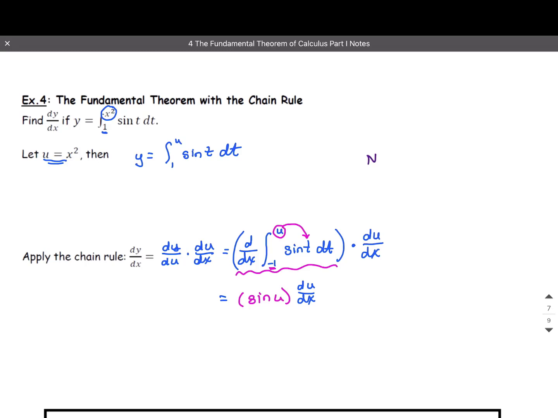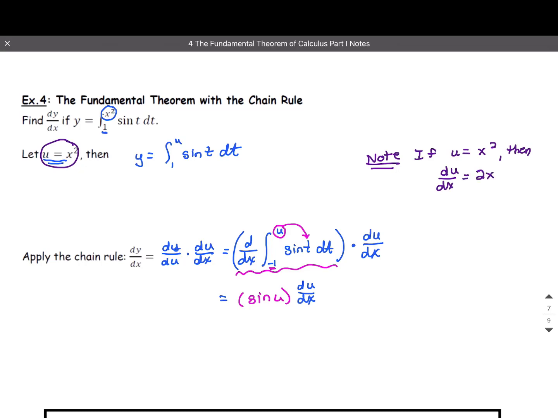So we're going to come over here for a minute. Remember, we said that u was x squared. If u is x squared, then the derivative of u with respect to x, the derivative of x squared, is 2x.